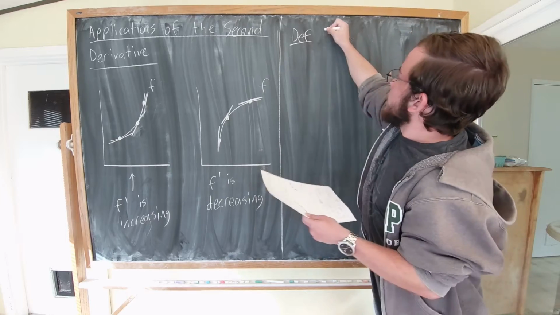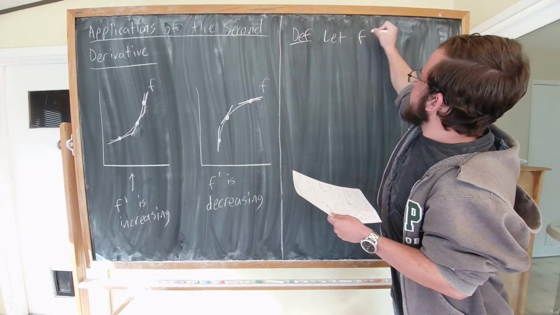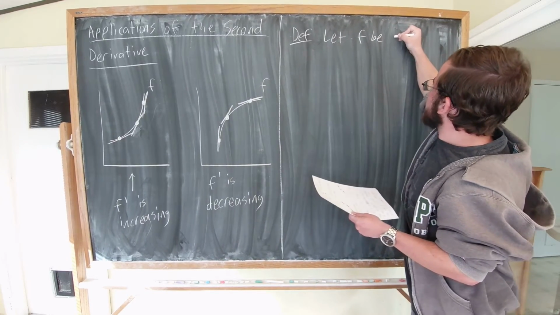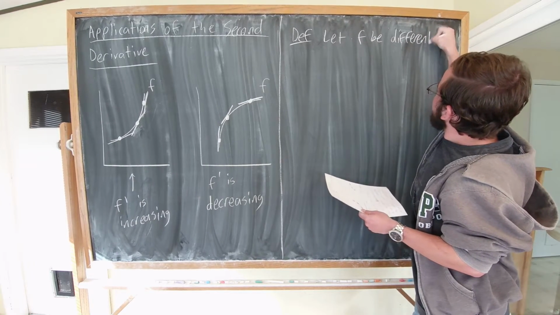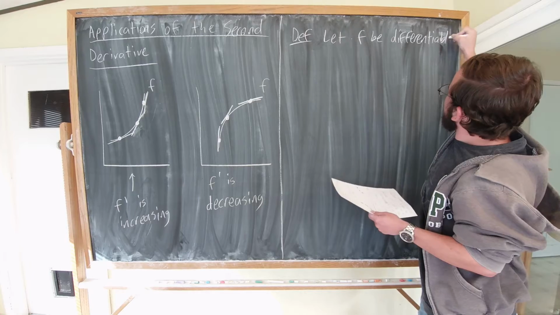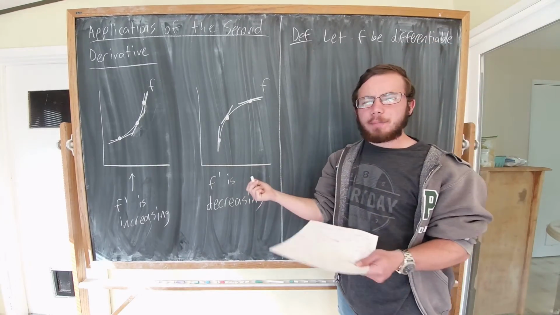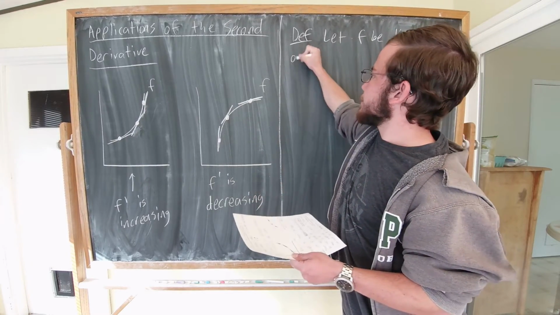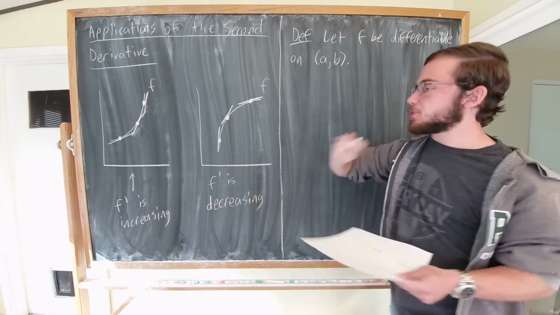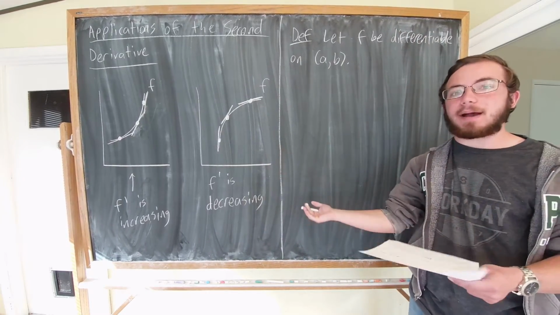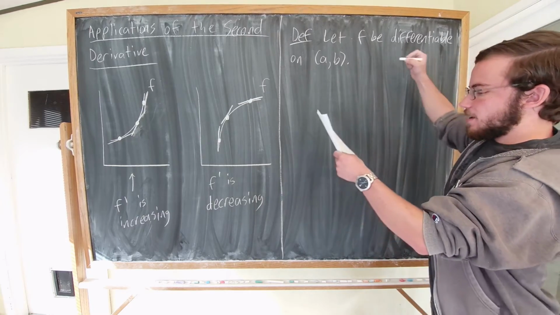Definition: let f be a differentiable function on the open interval a to b. Alright, so we have a function where we can start talking about the derivative for it.